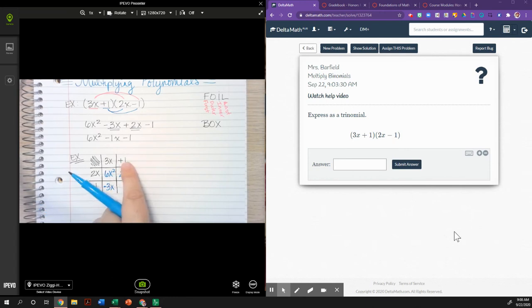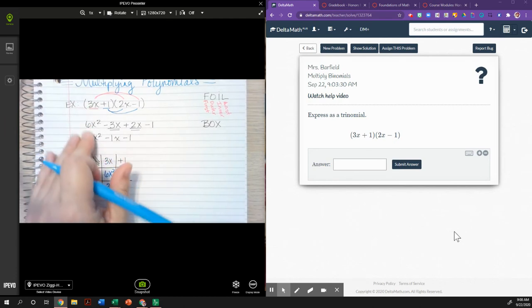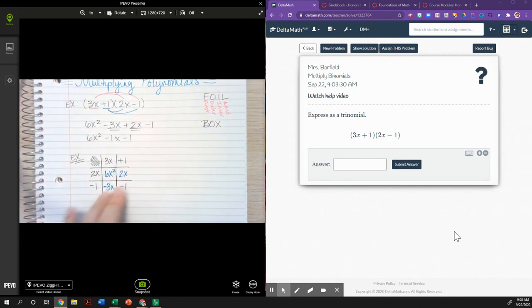And then negative 1 times 1 is negative 1. I find this keeps my work much more organized. I'm not writing down anything more than what I would have written here. Then when I write the final answer, I can immediately combine like terms, which are located here in my diagonal. So my final answer is 6x squared, negative 3x plus 2x, which is negative 1x, and minus 1. I got the same answer.